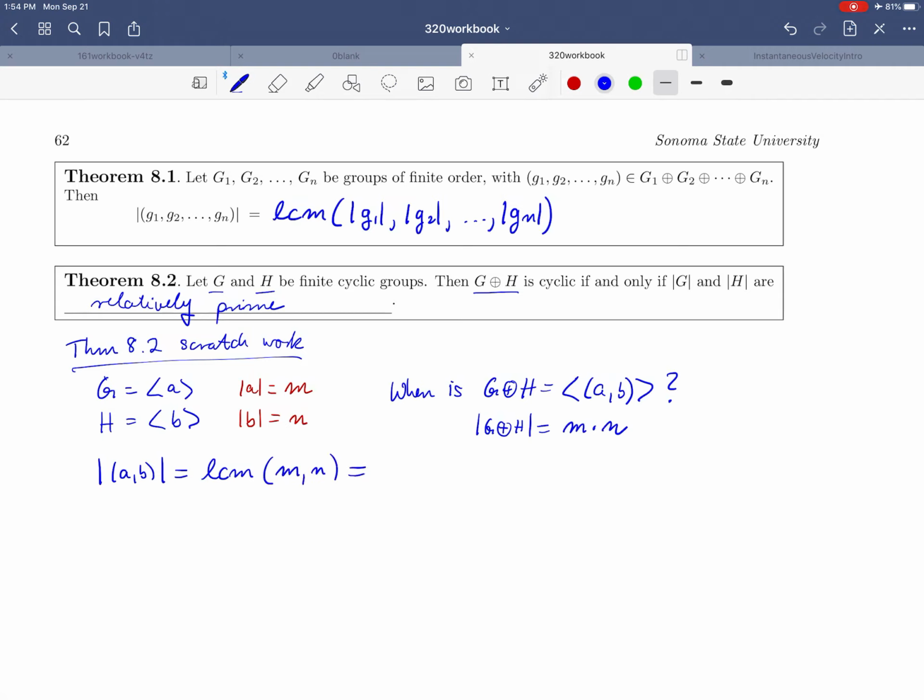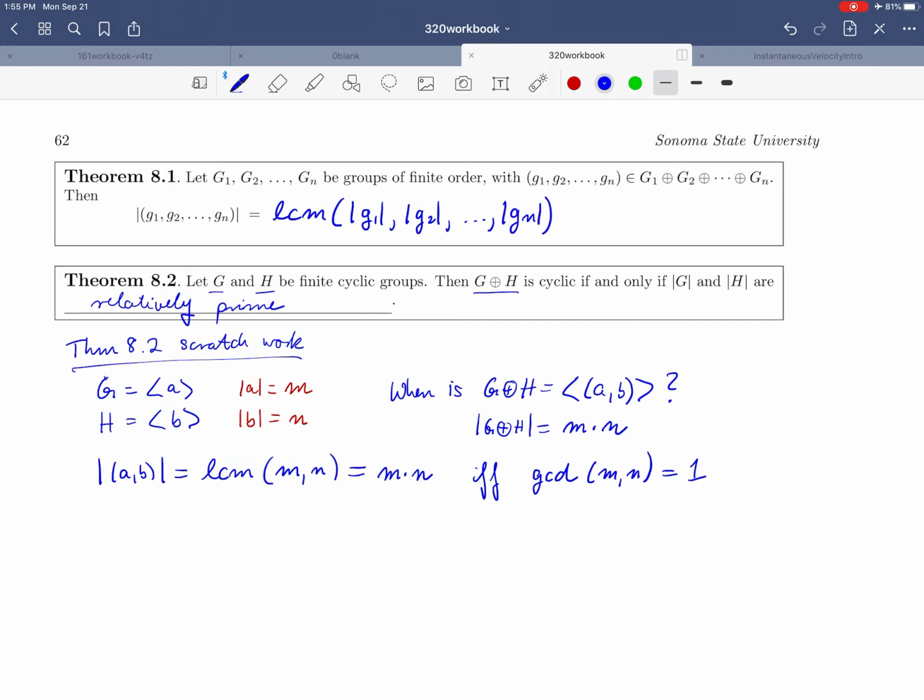And under what conditions is that equal to the order of our external direct product of G with H? Well, that happens to be true if and only if the greatest common divisor of those two numbers, M and N, is equal to 1. So this is the idea behind this proof.